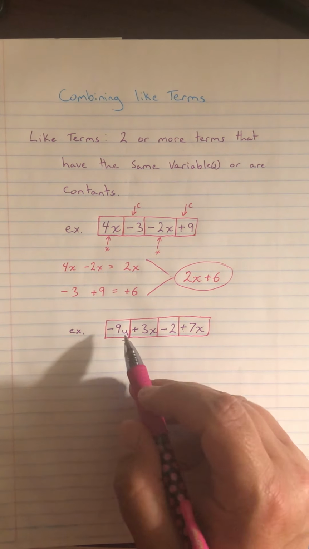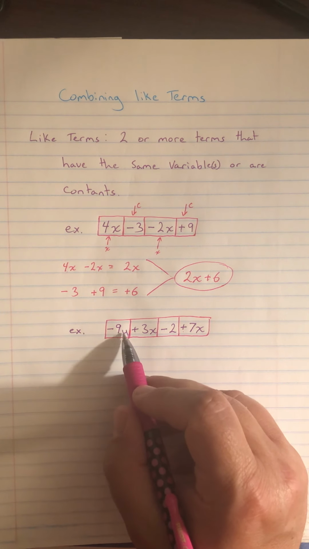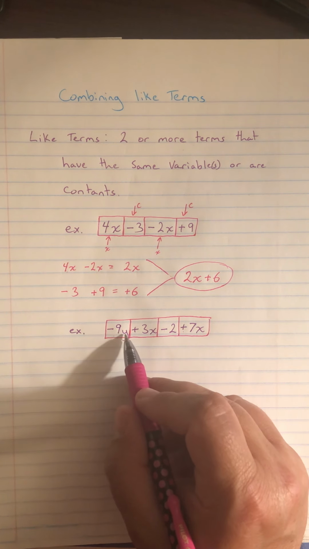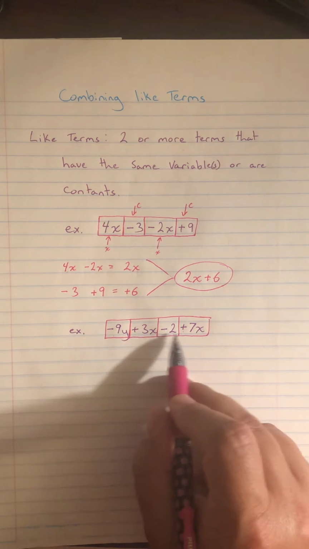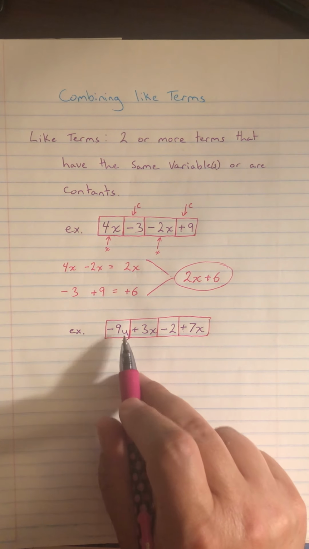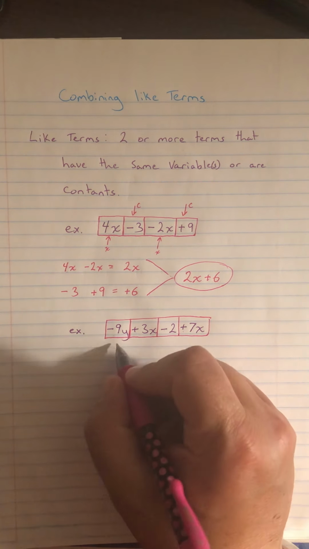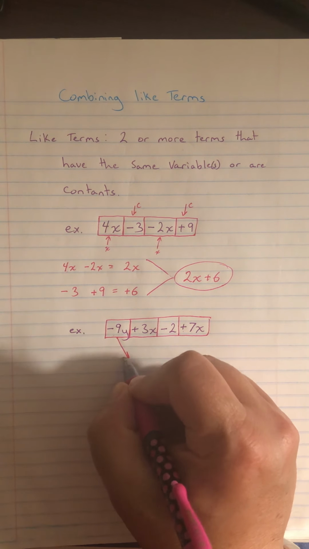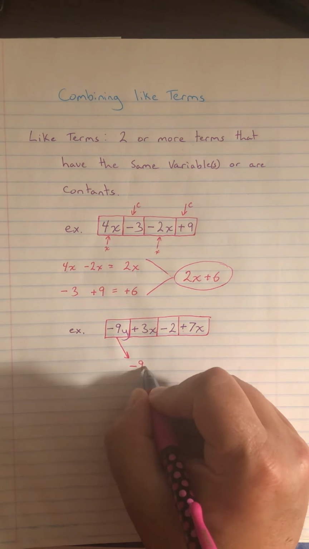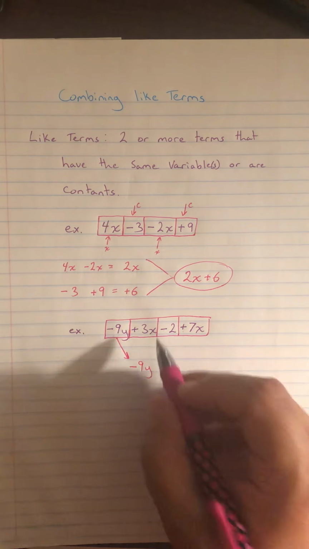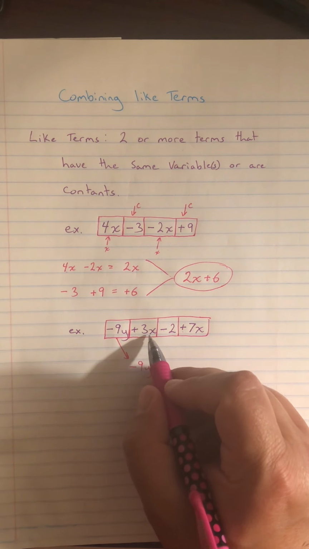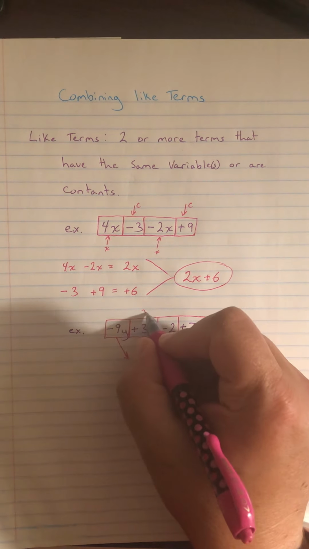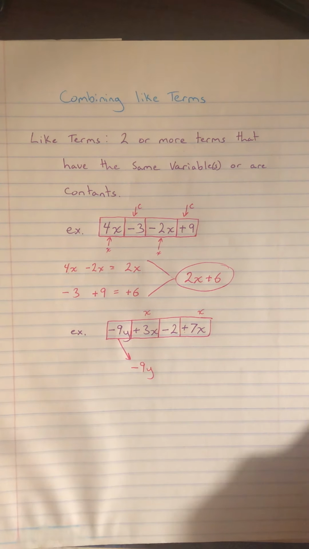Start however you want to go through them, sift through them. This is a 9, this has a y. There's no other y's. There's nothing else that can go with this. So at that point, I can just bring it straight down here because I know it's going to be part of my answer. This one has an x. Well, this one also has an x.